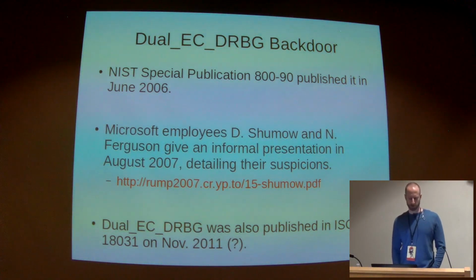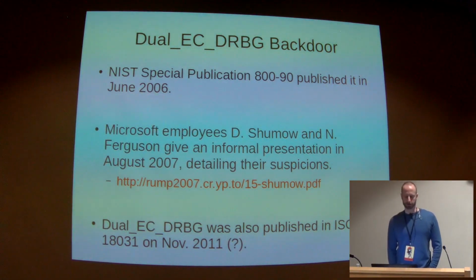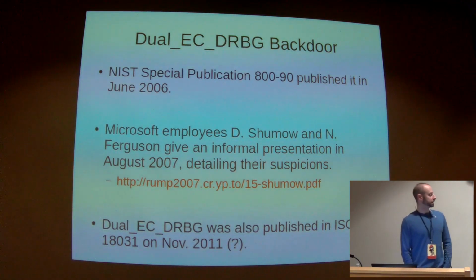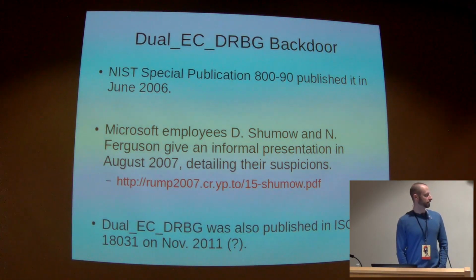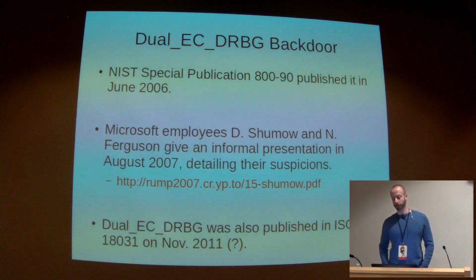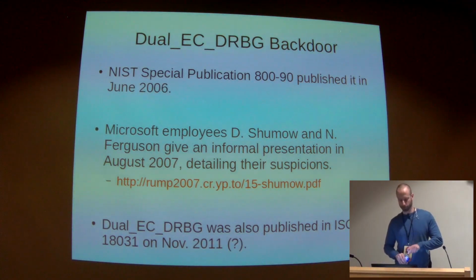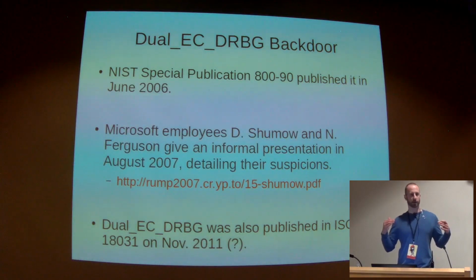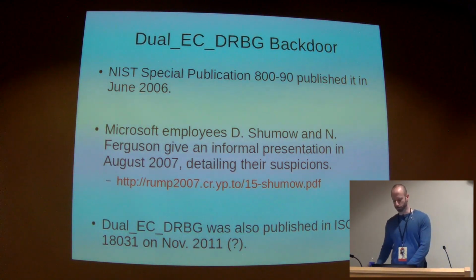But nothing happened for the next 4 years, well, more than that, 6 years or so. That was it. They just said, this looks really shady, and it just didn't go anywhere from there. In 2011, it becomes an ISO standard. So you see, it goes from being in an ANSI document to a NIST document, and then it goes into an ISO standard.